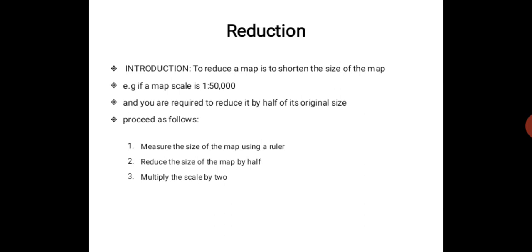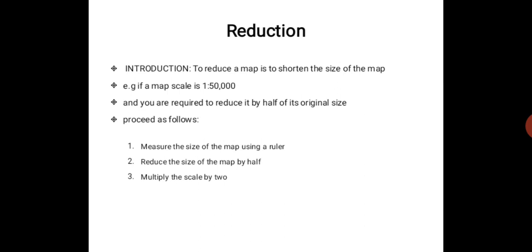In your exam, definitely you must be asked to reduce a certain given portion of a map, or to reduce the map sheet that is given to you, as you often see in WAEC, NECO, and GCE. So to reduce a map is to shorten the size of the map. I repeat again, to reduce a map is to shorten the size of the map.